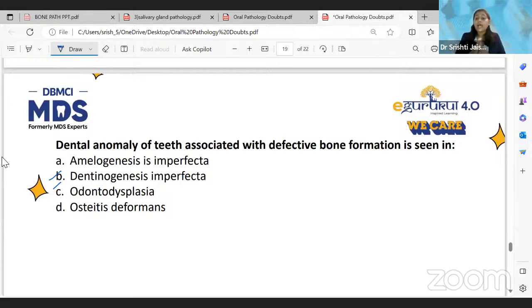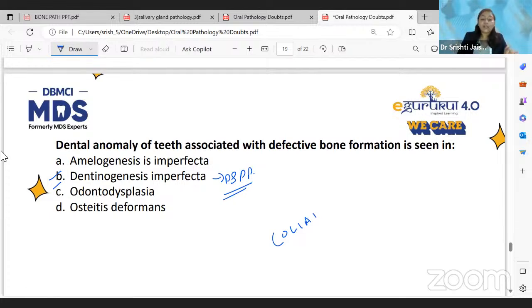Dentinogenesis imperfecta has no connection with osteogenesis imperfecta. Why? Because dentinogenesis imperfecta occurs as a result of a defect in the DSPP gene, while osteogenesis imperfecta occurs as a result of the COL1A1 or COL1A2 gene. So there is no association between them.